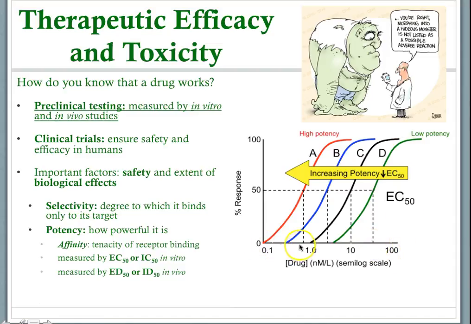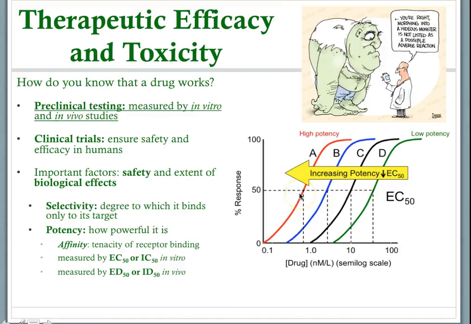So here, the EC50, the effective concentration, for drug D, so the concentration we need to get 50% of the maximal response, is way higher in D than it is in A. So you see here how A has a much lower EC50. The concentration required here is much lower for A than it is for D in achieving half of the maximal effect.